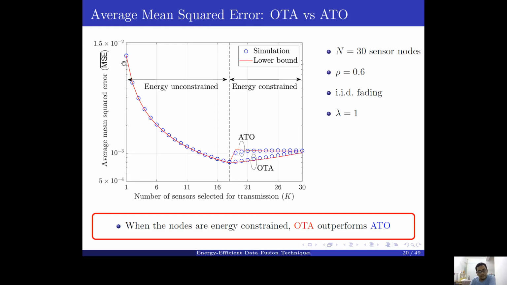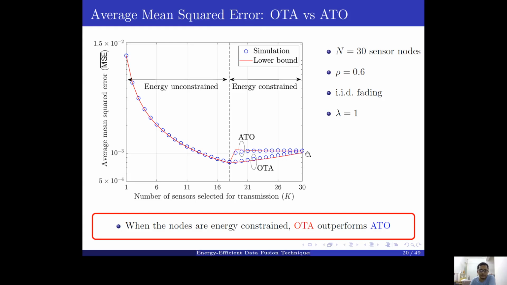As you can see, as K increases, the average mean square error decreases because more nodes are selected for transmission. However, this decrease in MSE bar continues up to a point when the nodes are just energy unconstrained.